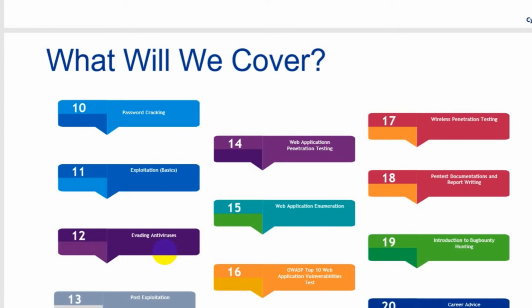Now we will learn about a very important thing, the OWASP top 10 web application vulnerabilities test. OWASP is an organization, an association, a kind of body, and every year they come up with the top 10 vulnerabilities that exist in web applications. So it keeps changing. We will learn how to exploit these top 10 web application vulnerabilities as a penetration tester.